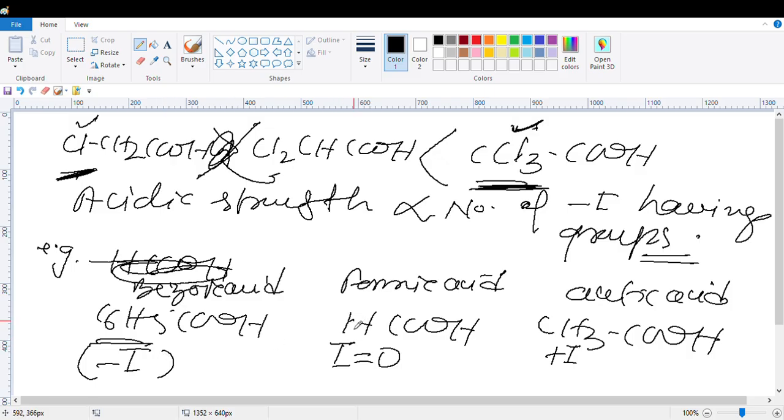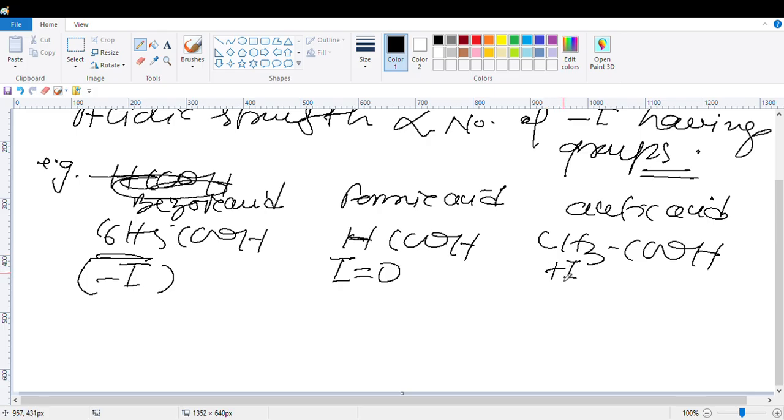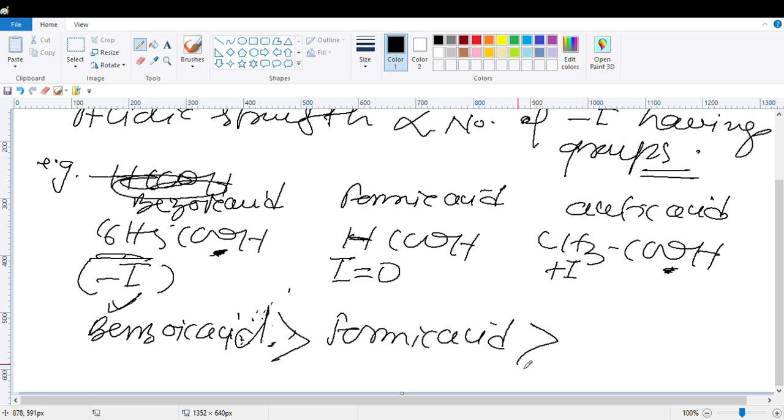Formic acid has hydrogen, its I effect is 0, and acetic acid has CH3, its I effect is plus I. The plus I having group decreases the acidic strength by increasing the negative charge density on oxygen, while minus I having groups increase the acidic strength by decreasing the negative charge density on the oxygen bonded with H. So in this way, in acidic strength order, benzoic acid is the strongest acid, less acidic will be formic acid, and least acidic will be acetic acid.